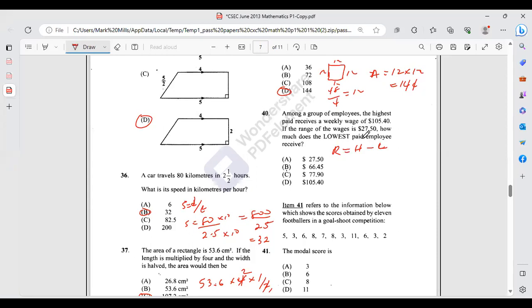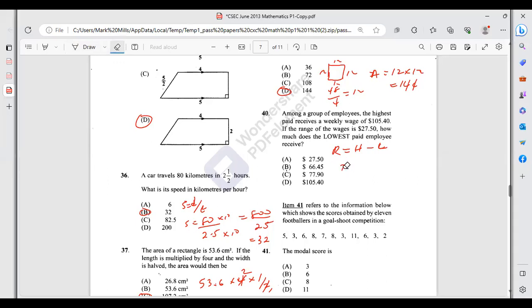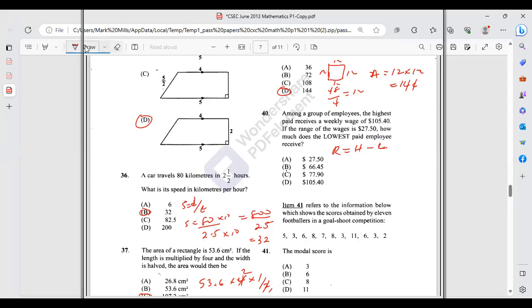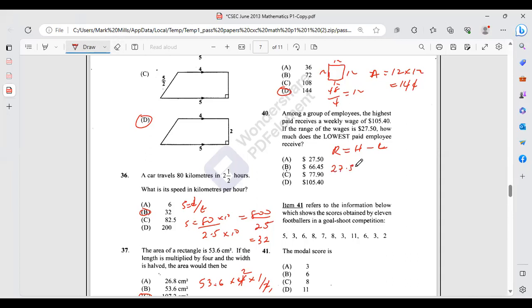You can do it this way too. The range is 27.50, right? They gave me the range. 27.50 is equal to the highest, which is 105.40, minus the lowest.